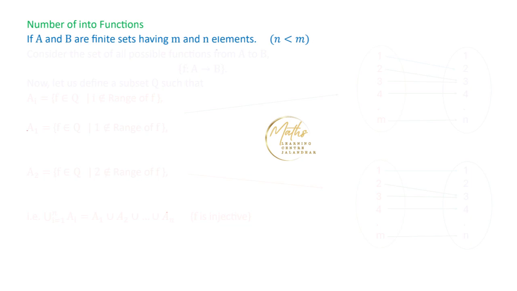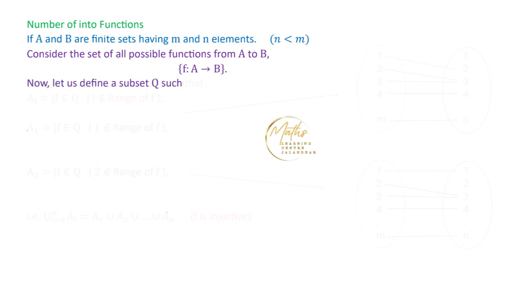So we consider a set, that is the set of all functions from A to B. From this set we can consider another subset, which we call Q. We construct another set, A_i, equal to f belongs to Q. Any function f will belong to the subset Q if i is not in the range of f.